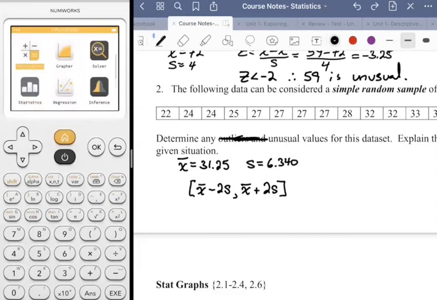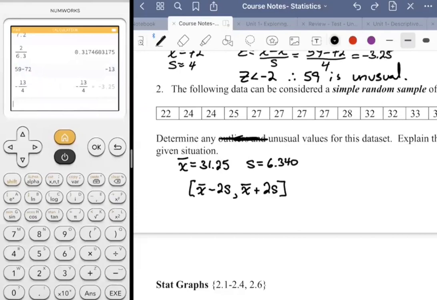So we go to home calculation, and then we're just going to do 31.25 minus 2 times 6.340. You can just put 34 if you want. So we get the low end, and then we do the high end. So again, a highlight and an overwrite.